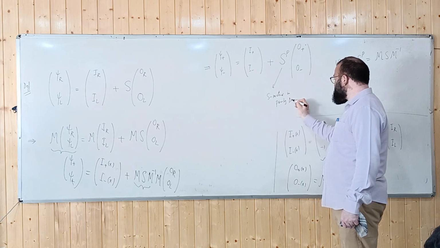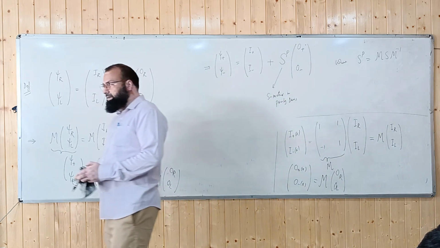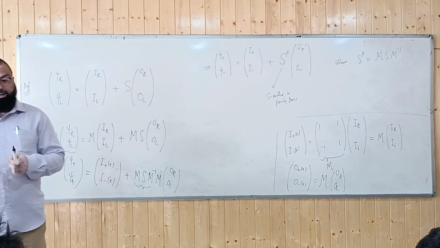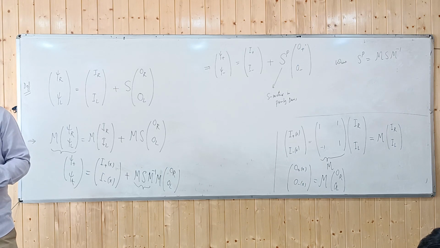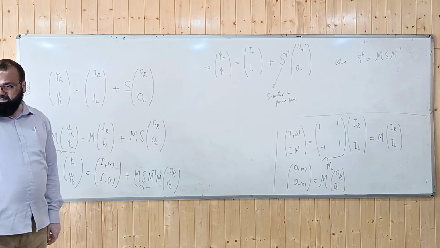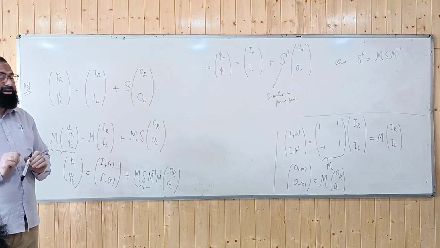Clear? This forms the definition of an S matrix in the parity basis. If you know the parity eigenstates of the Schrodinger equation in the asymptotic limit, you can calculate the S matrix in the parity basis. Clear? Got it? Any question?